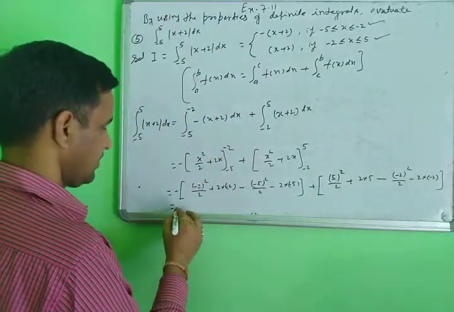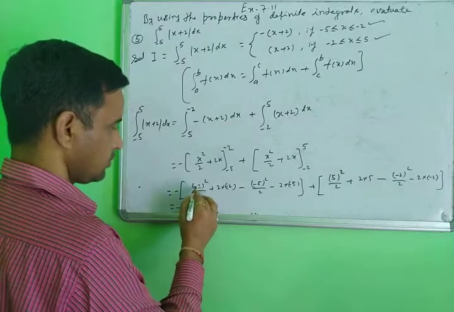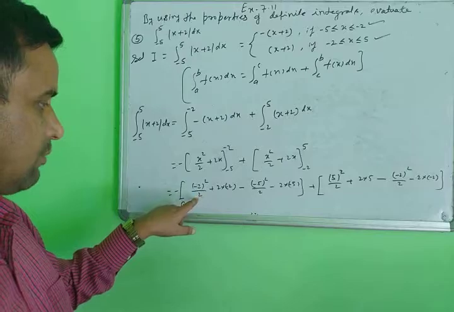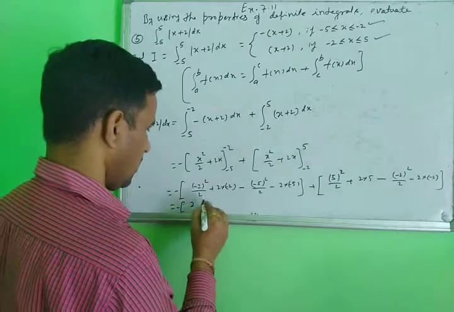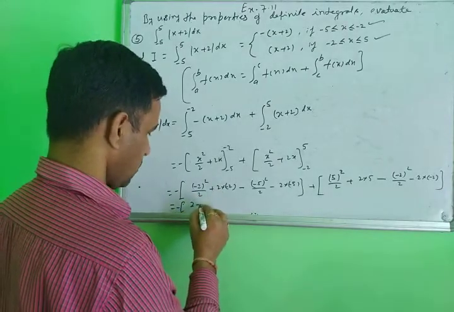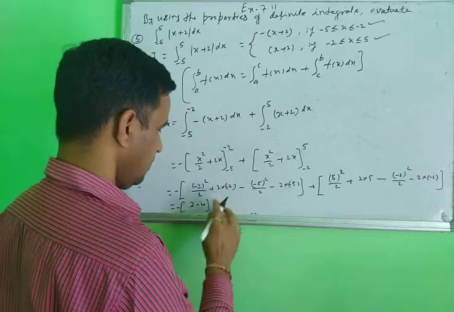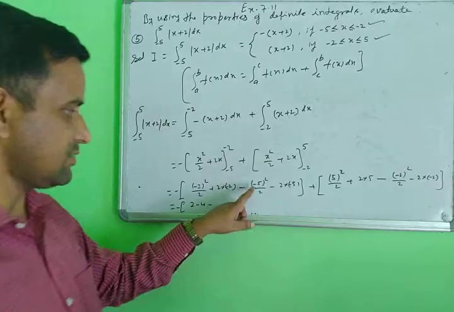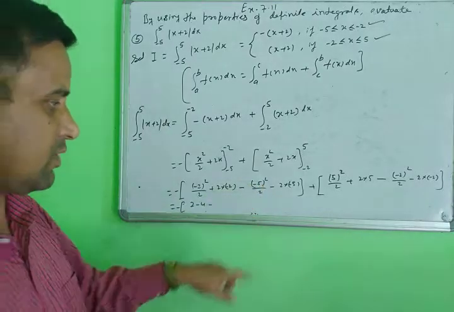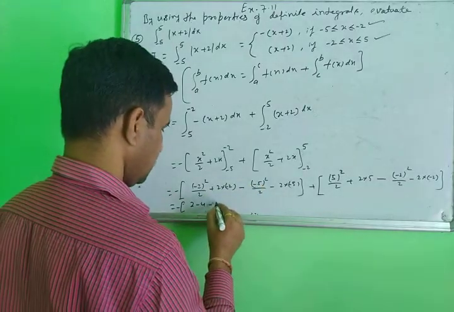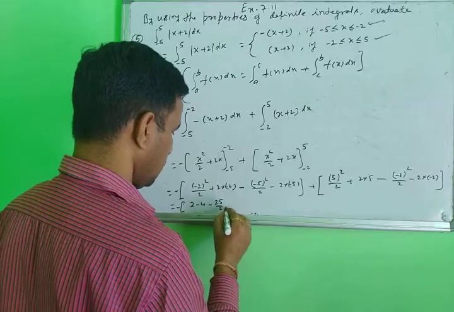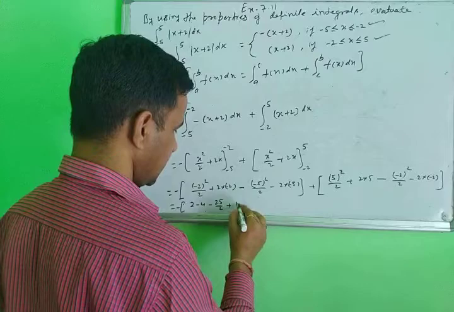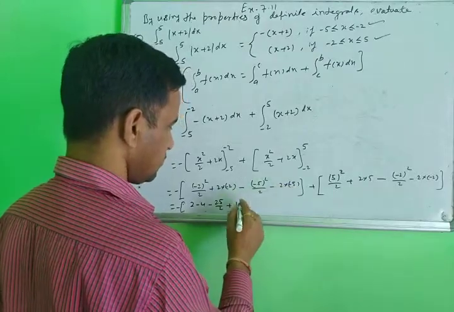What is the value here? This minus sign is outside. So 2 to the 4 minus 2 squared is plus 4, plus 4 divided by 2 is 2, and 2 into -2 gives minus 4. Then here, 5 fives are 25, so 25 by 2, minus 25 by 2, and minus minus plus, 5 into 2 is 10.